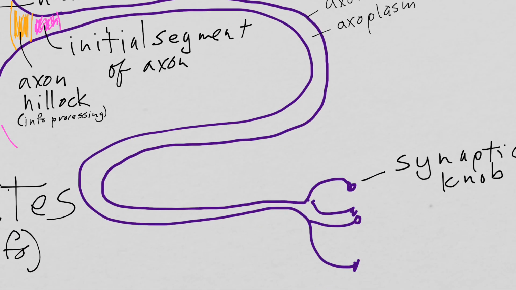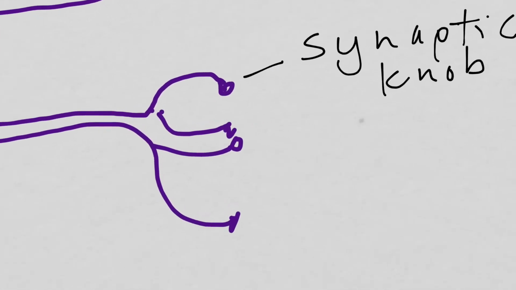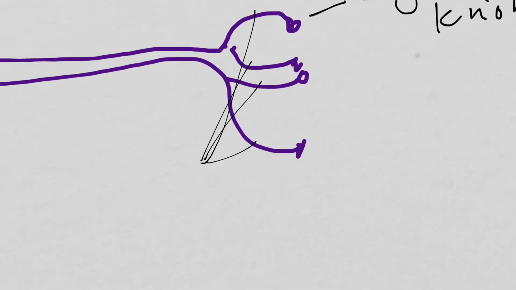Okay, another term that we have not done yet. When the axon splits to go to the synaptic knobs, the splits have names. They're part of the axon, but a specialized part of the axon, just like your fingers are part of your hand, but a specialized part of your hand. So these are called telodendria.